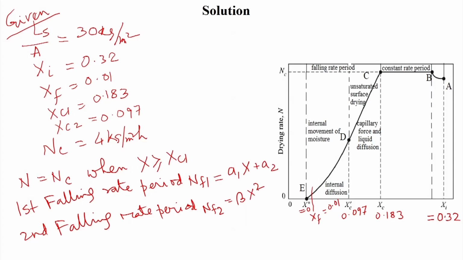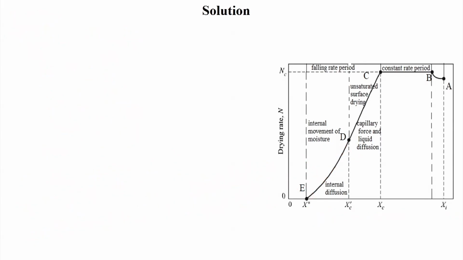For the first falling rate period, Xc1 is greater than or equal to x, which is greater than or equal to Xc2. But for the second falling rate period, Xc2 is greater than or equal to x, which is greater than or equal to 0. These are the conditions given.